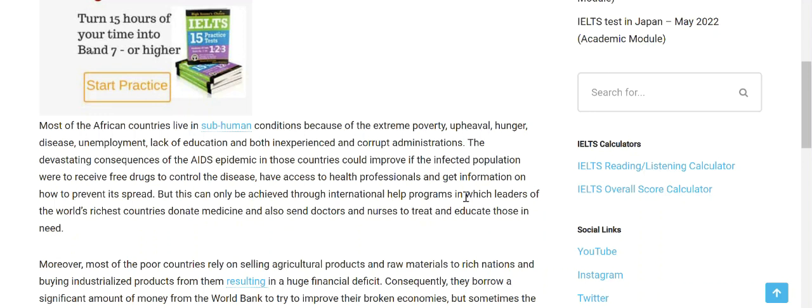In these countries could improve if the infected population were to receive free drugs to control the diseases, have access to health professionals, and get information on how to prevent its spread. But this can only be achieved through international help programs in which leaders of the world's richest countries donate medicine and also send doctors and nurses to treat and educate those in need.